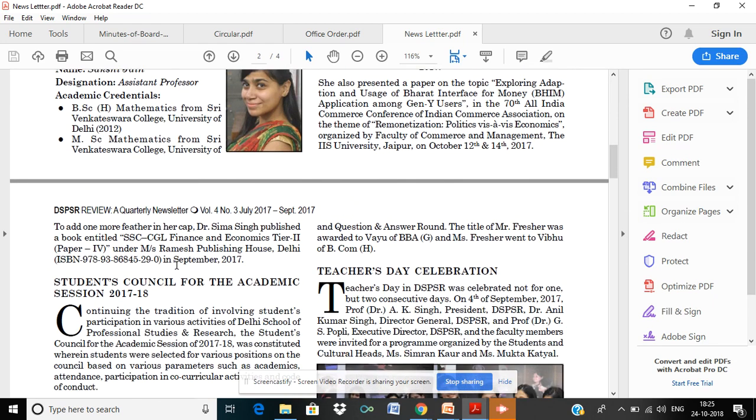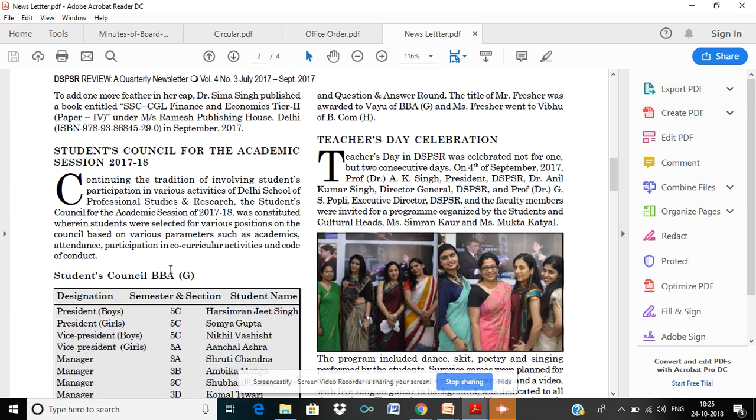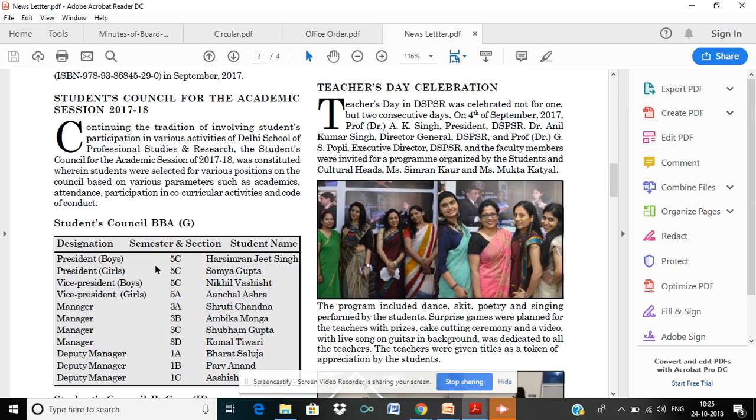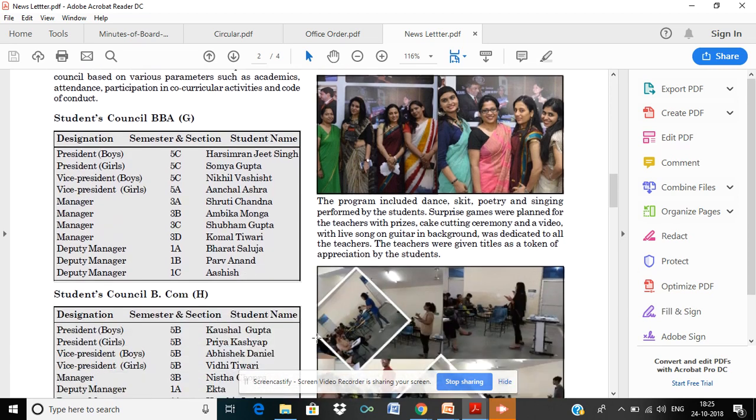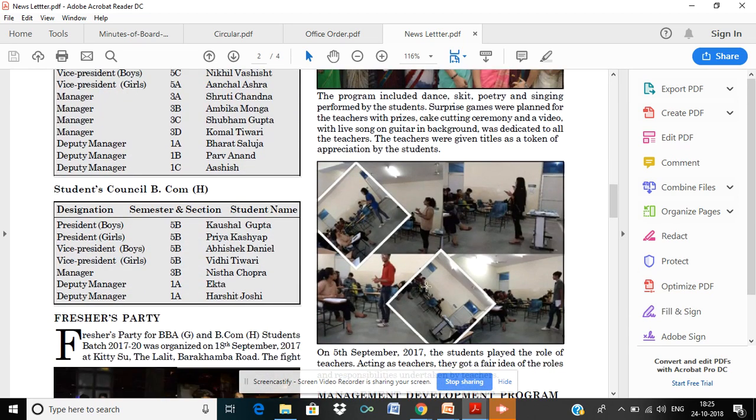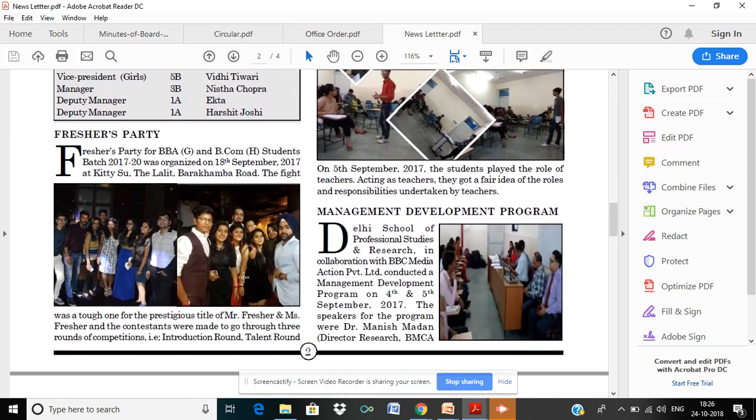Then some students council elections were there, and the selected candidates' information is shown on the right side. Teachers Day celebration, we celebrated that. Most people are here from the faculty fraternity. I asked my students to perform as a teacher in the class. This is the thing we have included here.